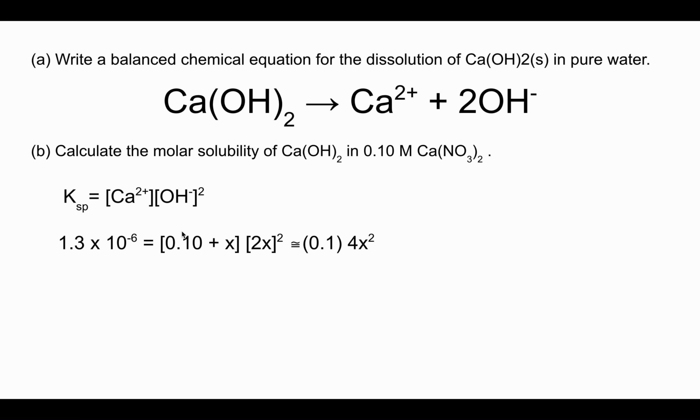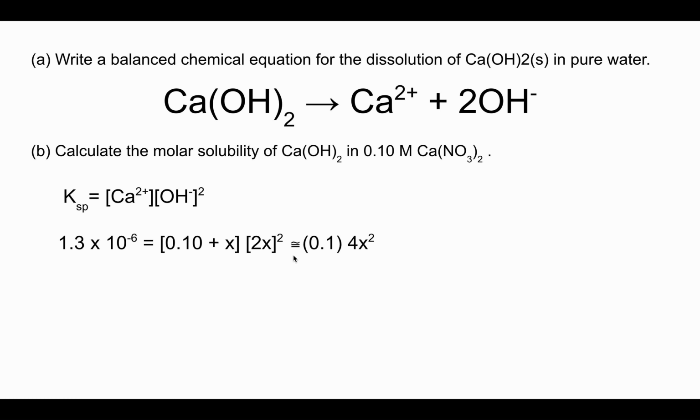So here we're going to account for the existing 0.1 molar calcium provided by the calcium nitrate. Then we're going to add that to our unknown concentration of calcium that dissolves from the calcium hydroxide. And then here we have 2 times the concentration of OH- because it has a coefficient of 2 here, and we're going to square that.